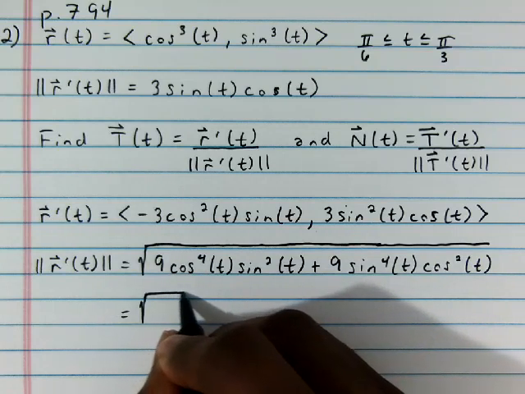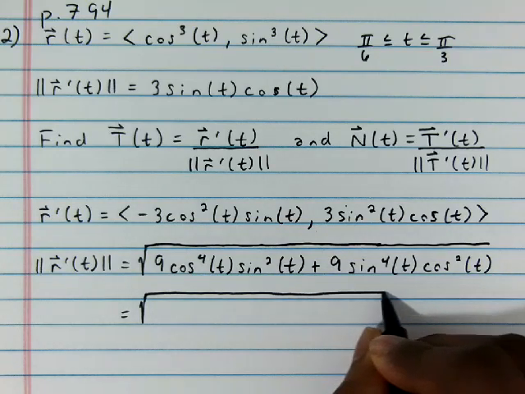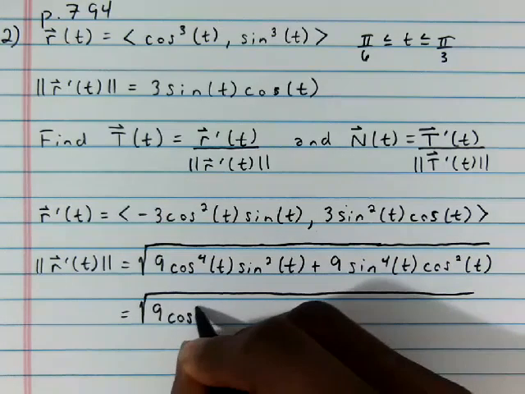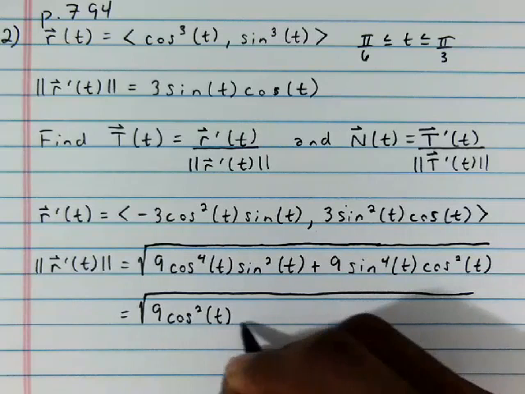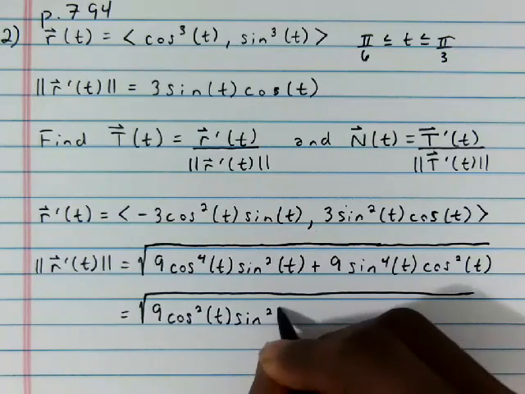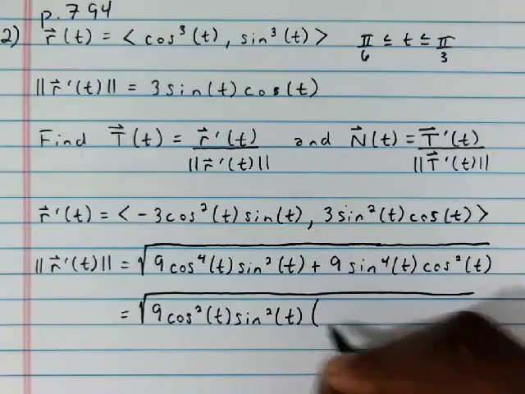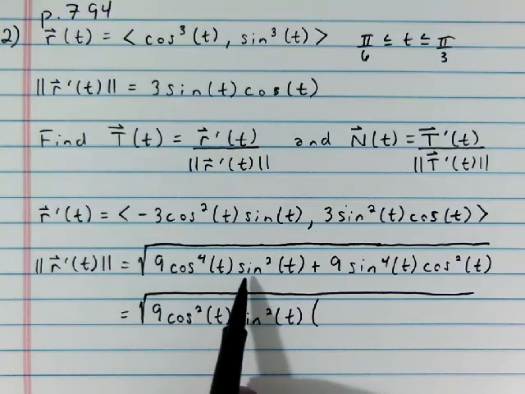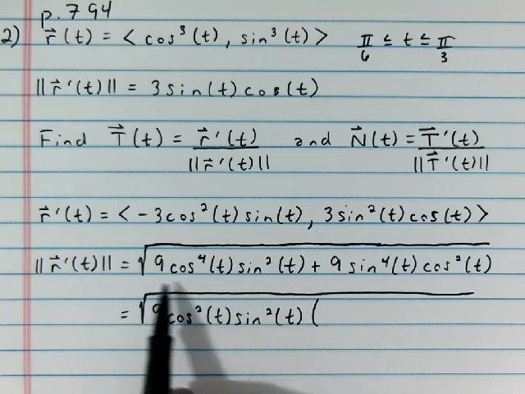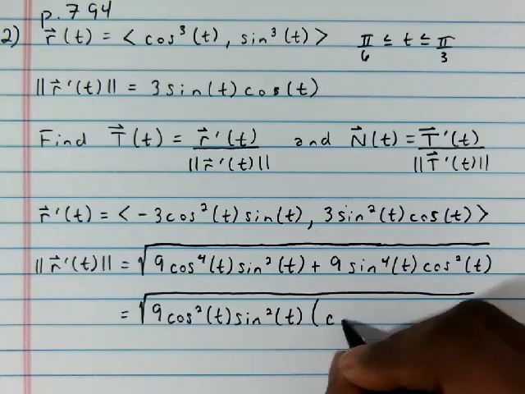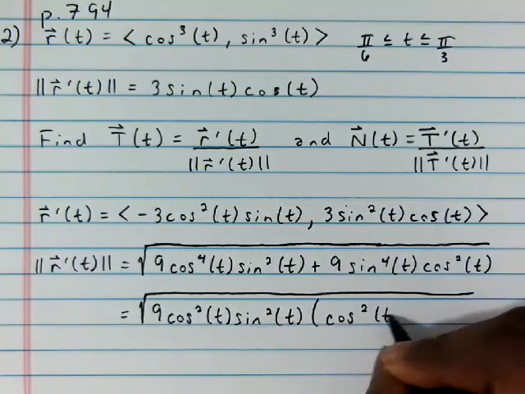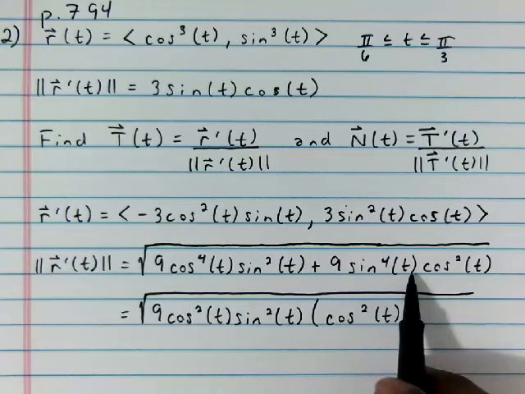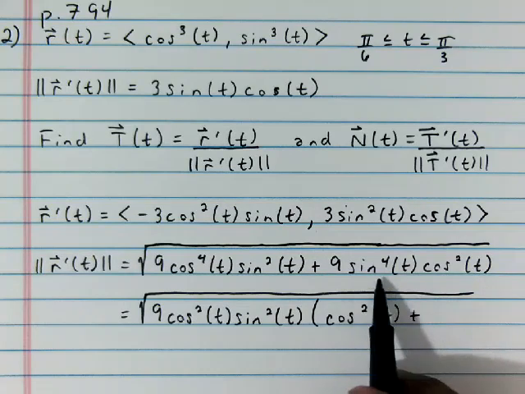So that gives us 9 cosine squared t sine squared t times, when we pull out the 9 cosine squared t sine squared t from here, we're just left with cosine squared t. And then plus, when we pull out the 9 sine squared t cosine squared t here, we're just left with sine squared t.